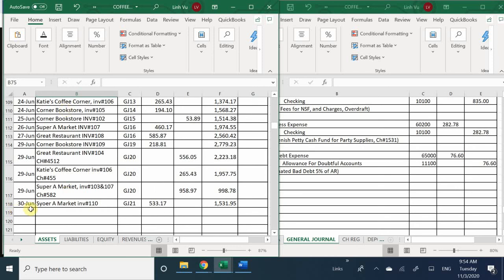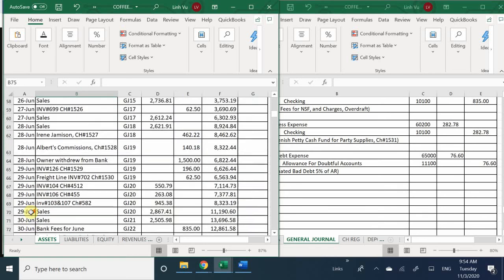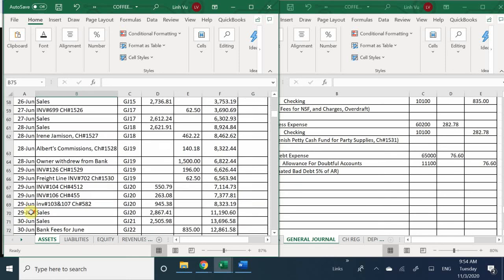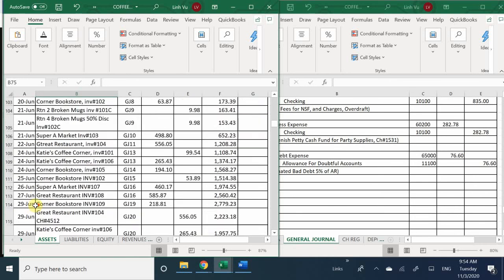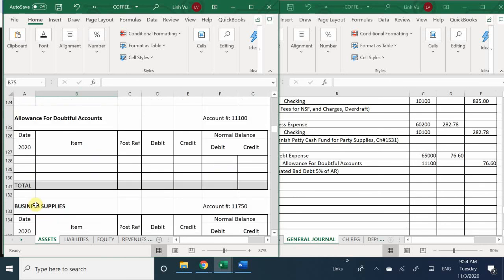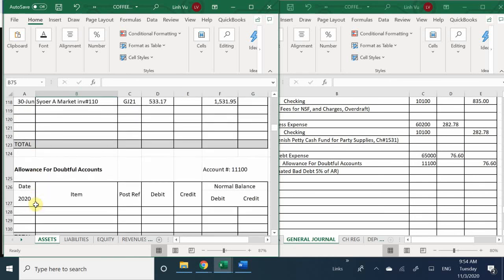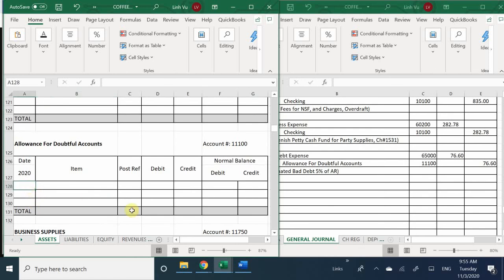It's under current asset. Current asset, it's a current asset, good. Under checking? It's not under checking. No, I'm saying it's under accounts receivable. Under accounts receivable, why? It's the contra account. It's the contra account to accounts receivable. Good. So here we go.